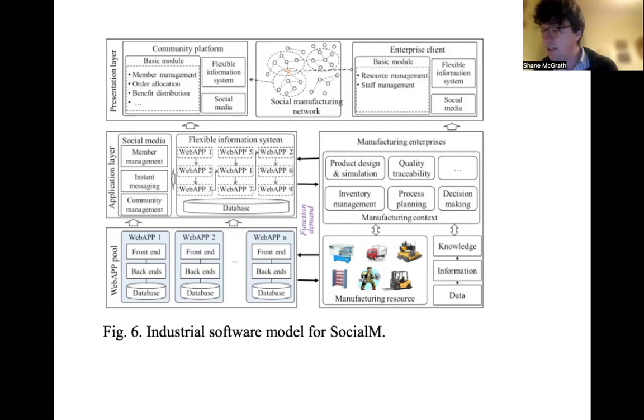That allows integration with social media to support the connections and communications between prosumers. Community platforms provide many functional modules that support autonomous manufacturing service communities, including order allocation and distribution. So this is where robotics or things like that would fit in.